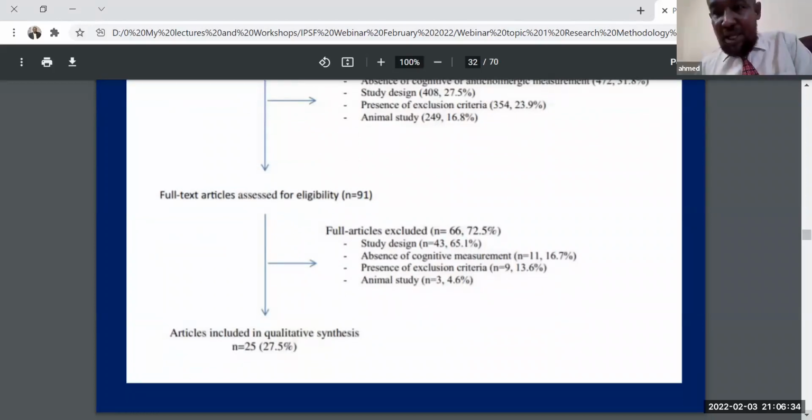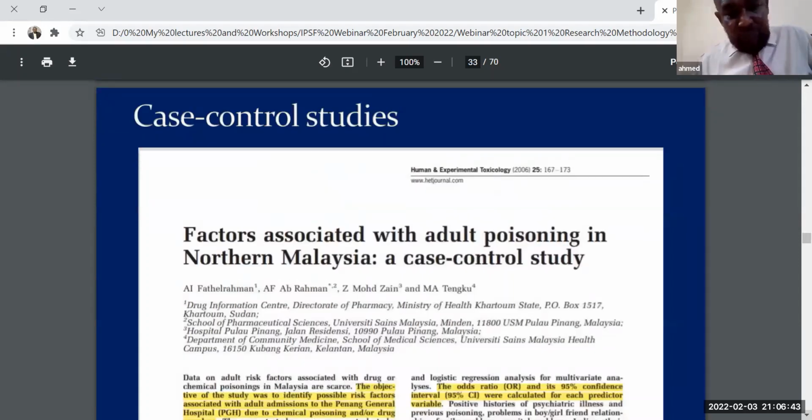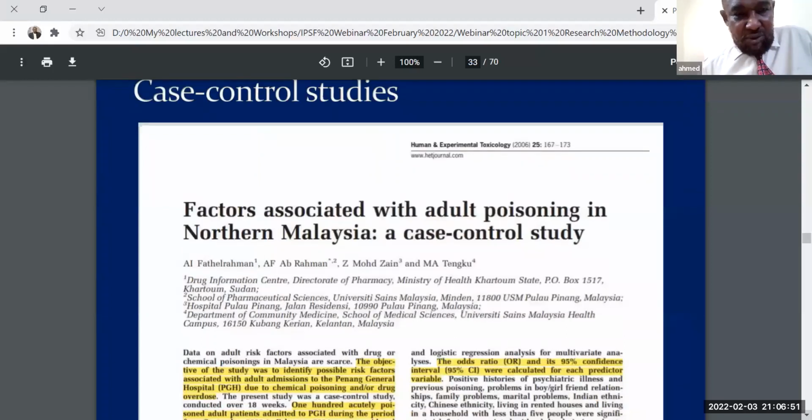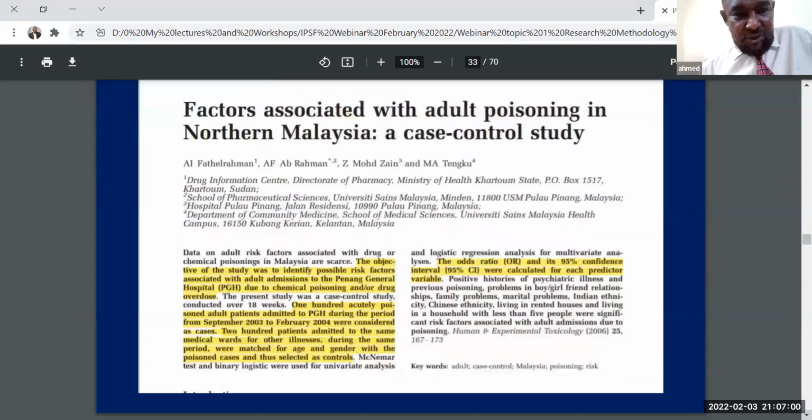Now we will go to another type of study, which is called case control studies. Here, this one is an example: factors associated with adult poisoning in Northern Malaysia, a case control study. Actually, this is my study during my master, and I want to make some comments about case control study. Case control and cohort studies both are used to predict the effect of certain exposure on outcome. They are analytical types of study, not descriptive.